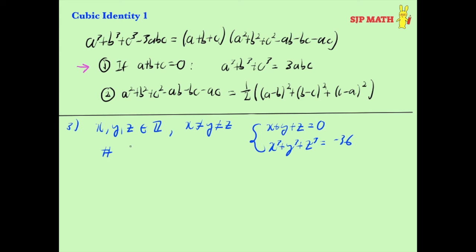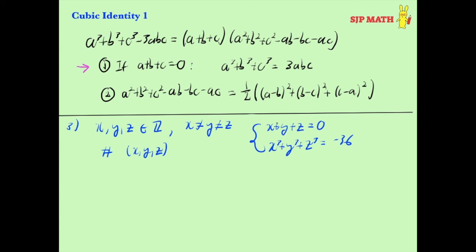The number of unordered triples of solutions x, y, z. So how would we do this?